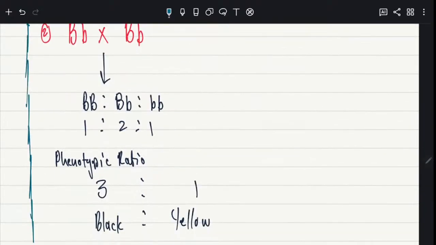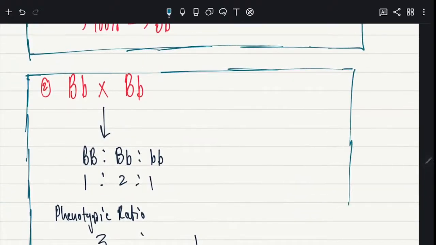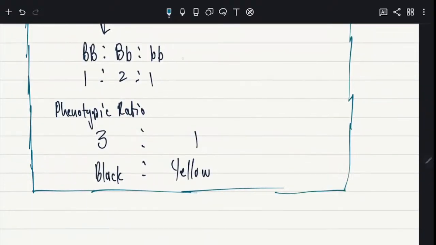ratios? There's what we call genotypic ratio, which does not talk about what you see with your eyes. It talks about the alleles themselves. Genotypic ratio talks about the alleles themselves. Here we see what are the alleles. I can go back to the table.